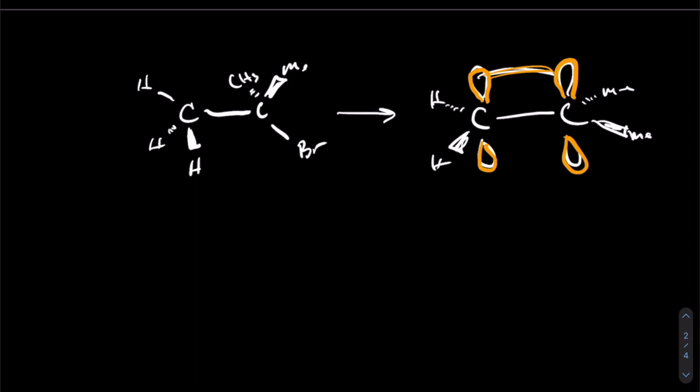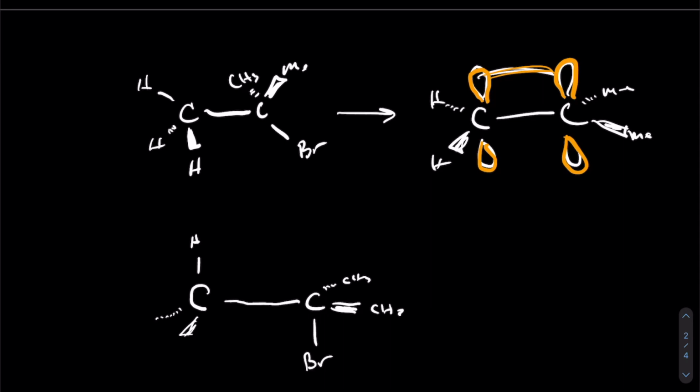So if we look at what we're forming in the transition state, and we just sort of draw it out, well, it's not an intermediate, it's a transition state. But how are we going to form a pi bond here? Essentially what we're going to do is we're going to try to, at the same time, pull all these things off and make the pi bond, all right?